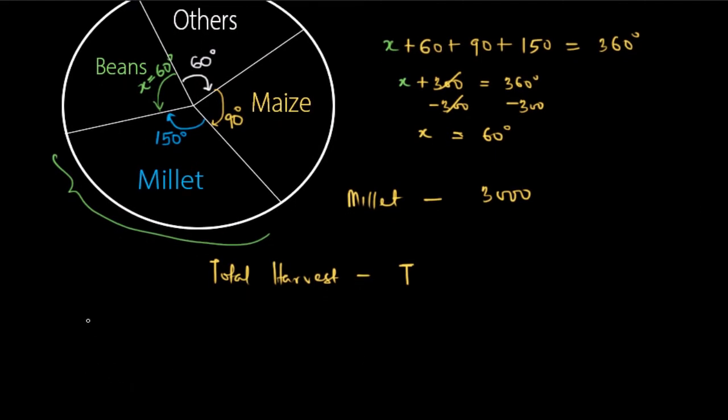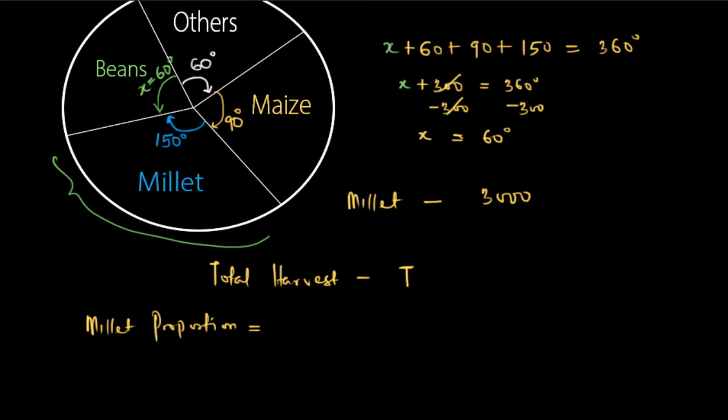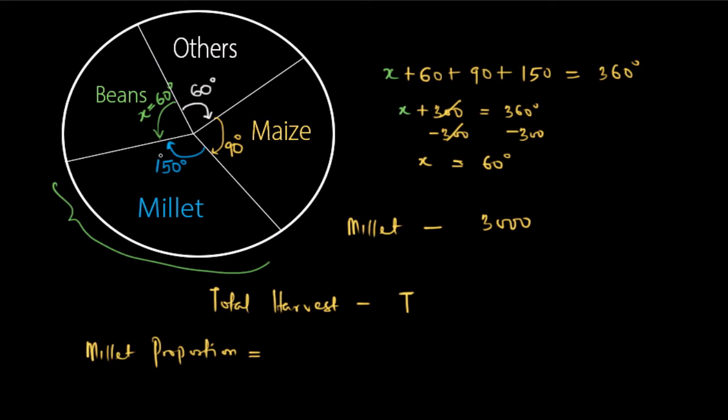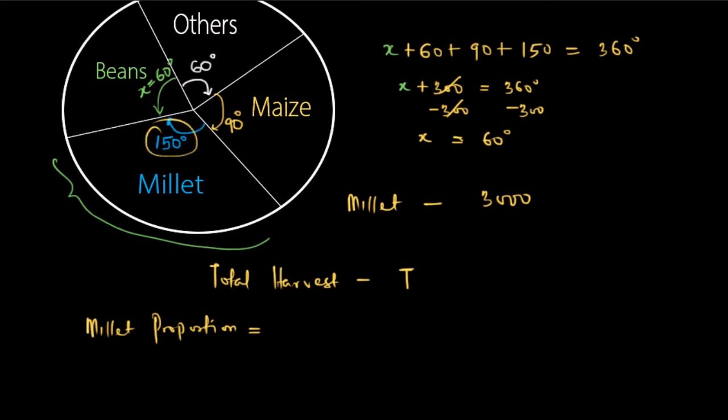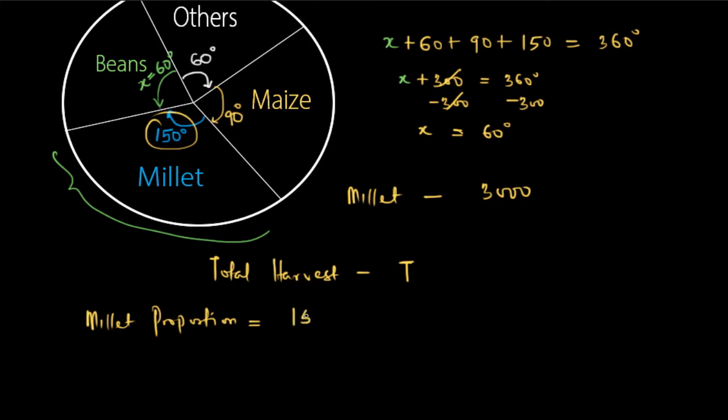From the pie chart, we know that the proportion of millet is 150 degrees out of 360 degrees. So the proportion of millet of the total harvest is 150 out of 360 of T.